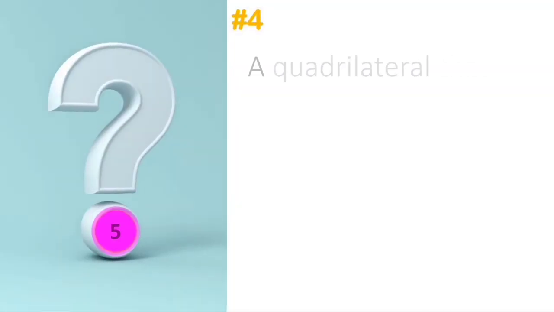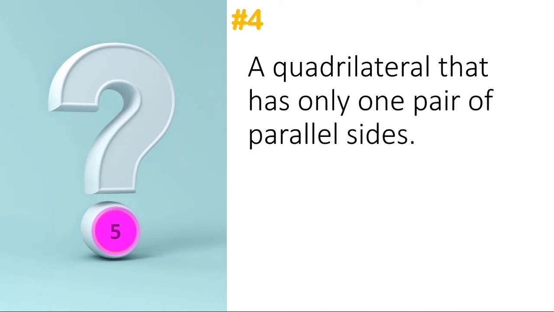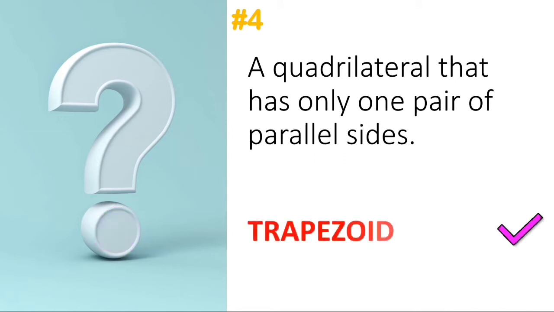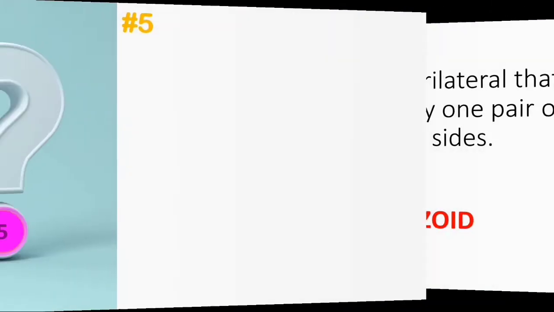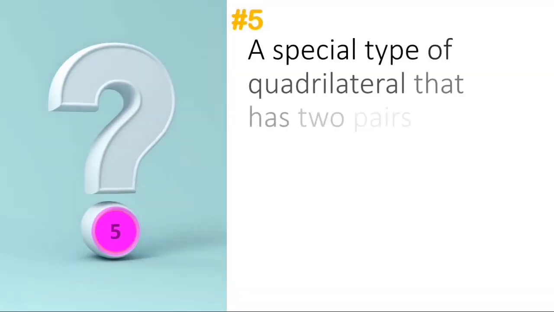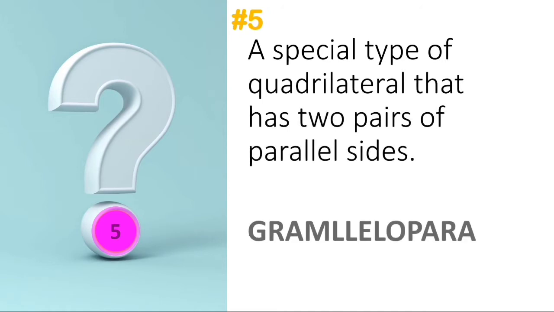Number 4. A quadrilateral that has only one pair of parallel sides is called trapezoid. That's correct. Number 5. A special type of quadrilateral that has 2 pairs of parallel sides.